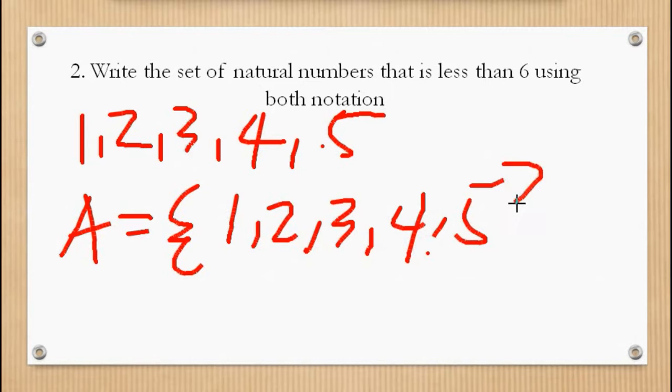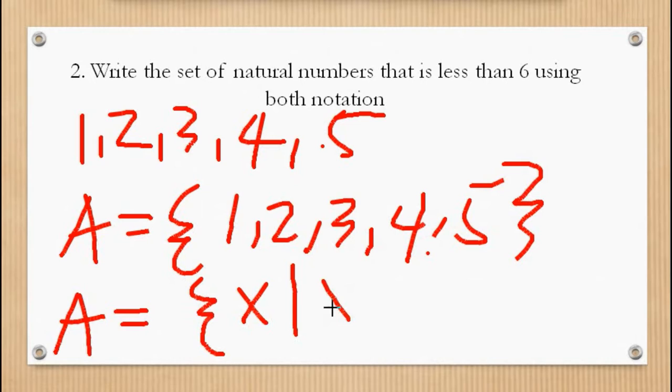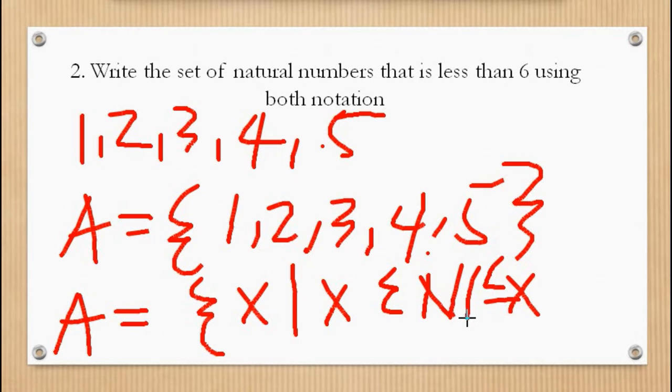So, pag gagamitin natin yung roster notation, let's say A is a set of 1, 2, 3, 4, 5. So, pag set builder notation naman, let's say set A is equal to the set of all X such that X is a natural number. So, yung limit of value naman niya is X is greater than or equal to 1 and less than or equal to 5.